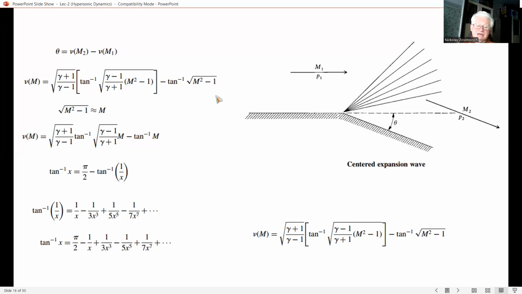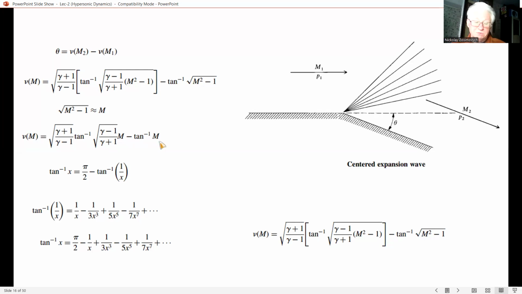For large Mach numbers, this expression will be approximately M. And hence, our last expression can be written for supersonic flow as this one, V of M, with the first expression without change, and the later part becomes simpler: M simply minus inverse tangent of 1 over M.